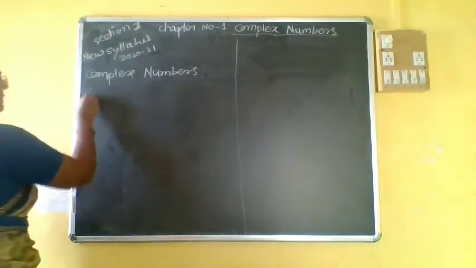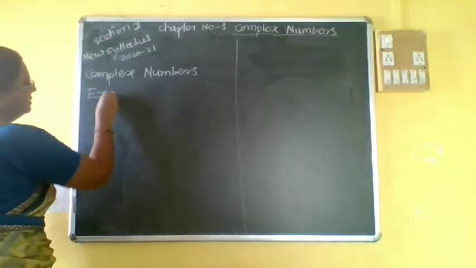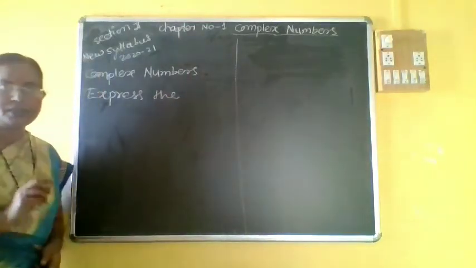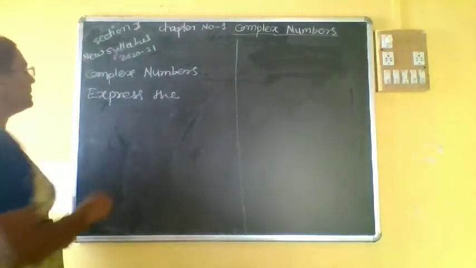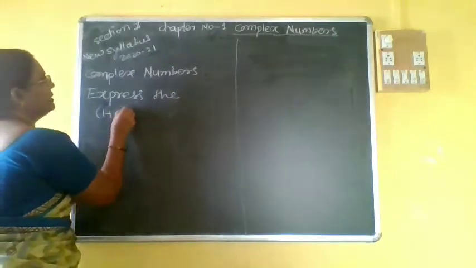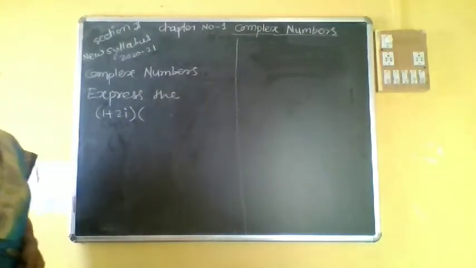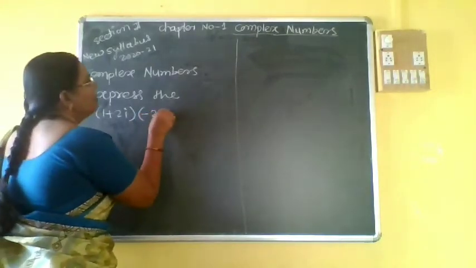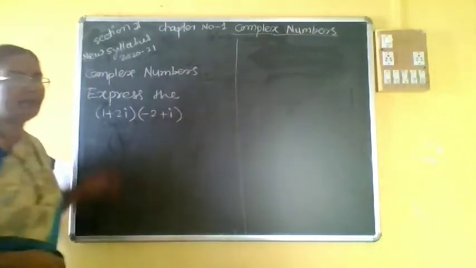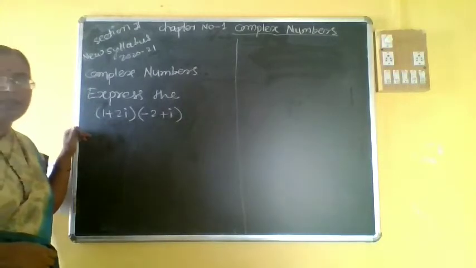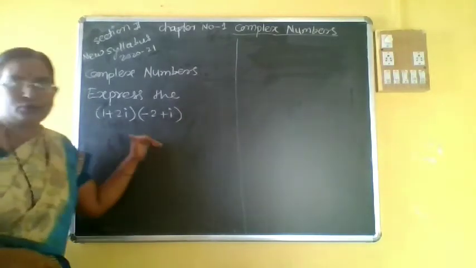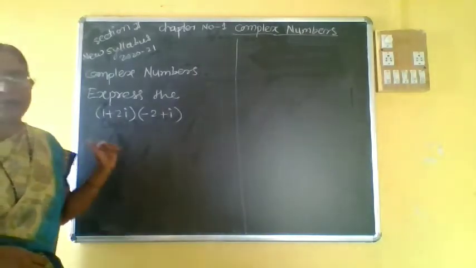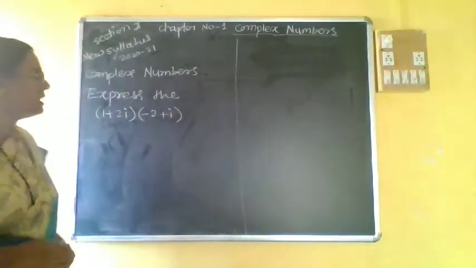Express the following, the multiplication of two complex numbers, (1 + 2i)(-2 + i), in the format a + ib. Okay, this is the question.